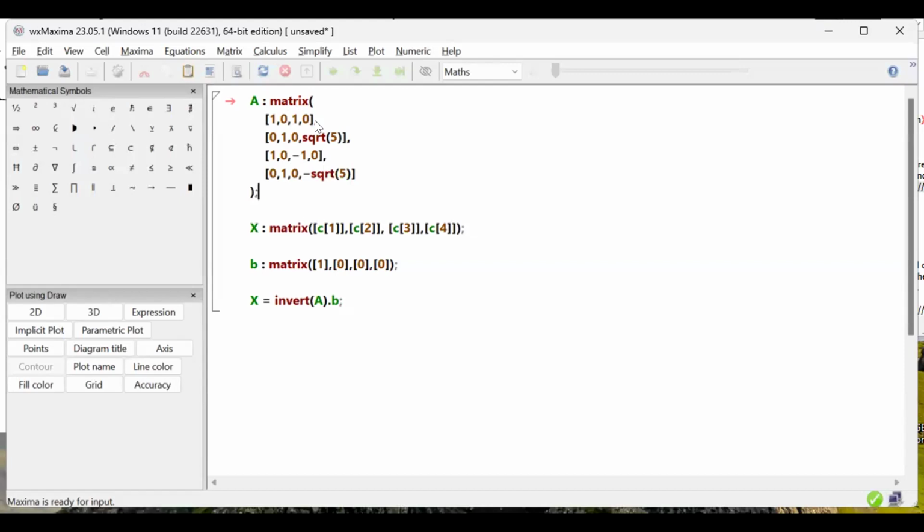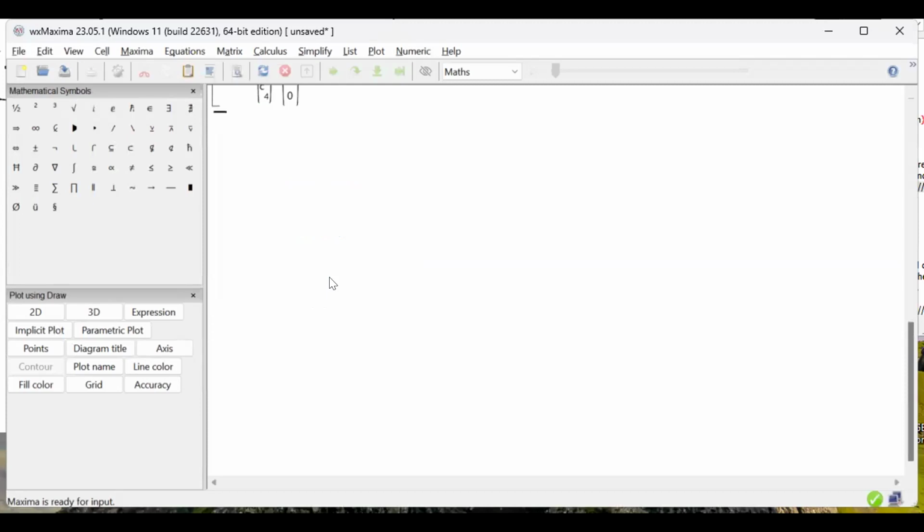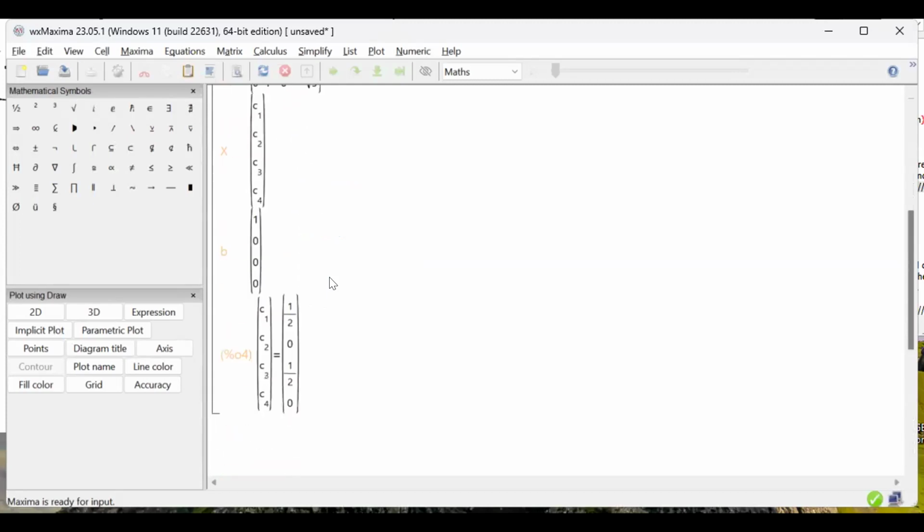So A times X is equal to B. To solve, we simply need to invert the matrix A and multiply it by the solution matrix B. Let's hit enter. You can see that C1 is equal to a half, C2 is 0, C3 is a half, and C4 is equal to 0.